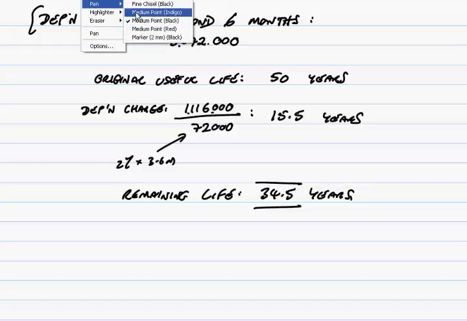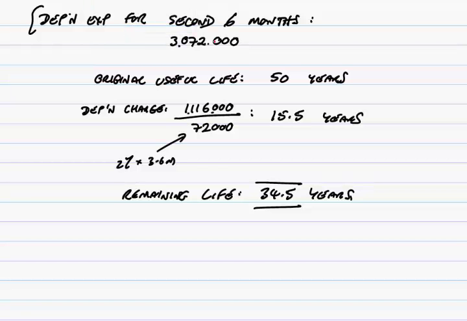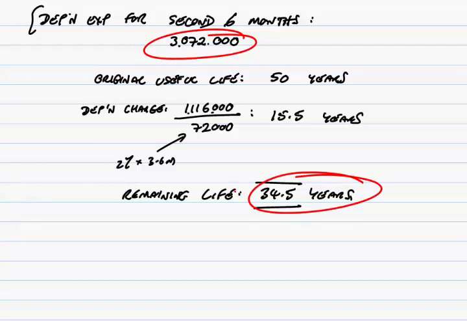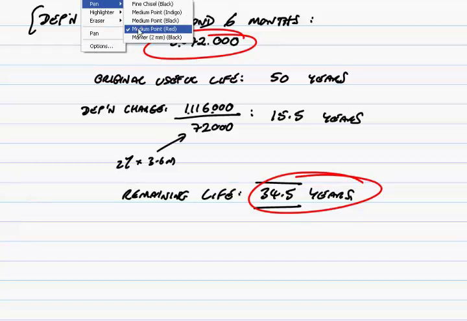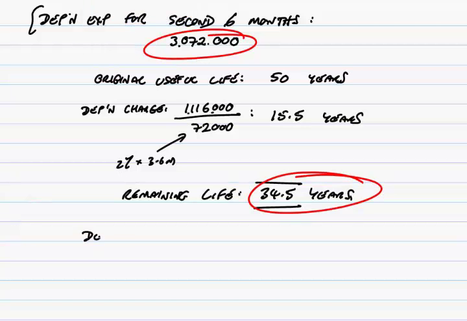I said from now on we'll depreciate using the revalued amount and the expected remaining life. And so the depreciation expense per year is the revalued amount over the remaining life.